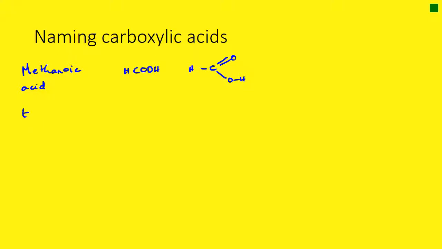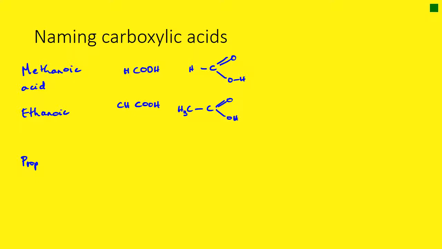Ethanoic acid, as well as having the same functional group, which all of them will have, has a methyl group hanging off this carbon. So we draw it like that to show the carbon-carbon bond, and then we've got our acid group as usual.